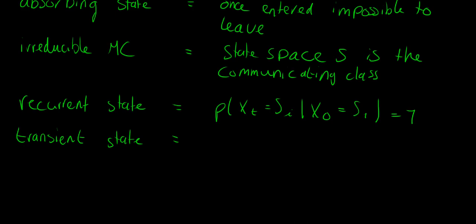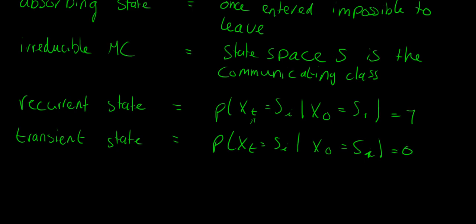If t is large enough, so t can be almost infinity, it is possible to return to the state, and then that state is called recurrent. However, on the other side, if the probability of returning to a state once entered is 0, then it's called transient.